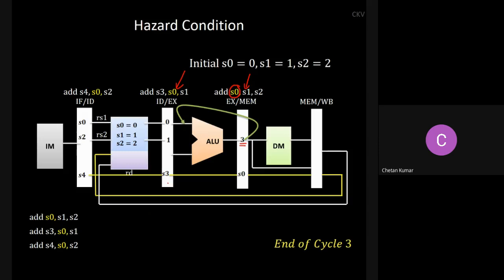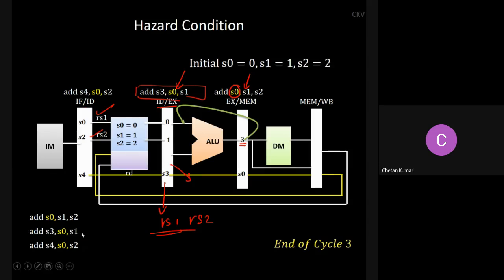But this instruction is in the ID/EX register, and here I don't have any RS1 and RS2 field, right? RS1 and RS2 fields are available only in the IF/ID register. If I want to know the source register for this instruction, there is no way of knowing it because I'm not storing it here. So what should I do in that case?